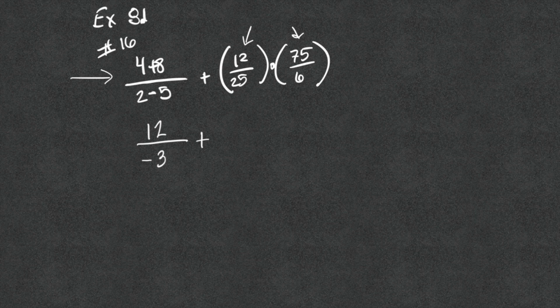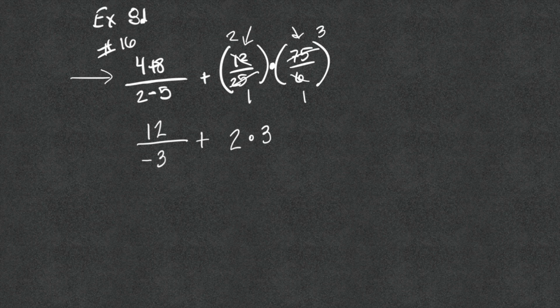We can think cross multiplication, reduction. 25 goes into 25 once. 25 goes into 75 3 times. 6 goes into 6 once, goes into 12 twice. So now what do I have? I have 2 times 3 because they're both over 1.